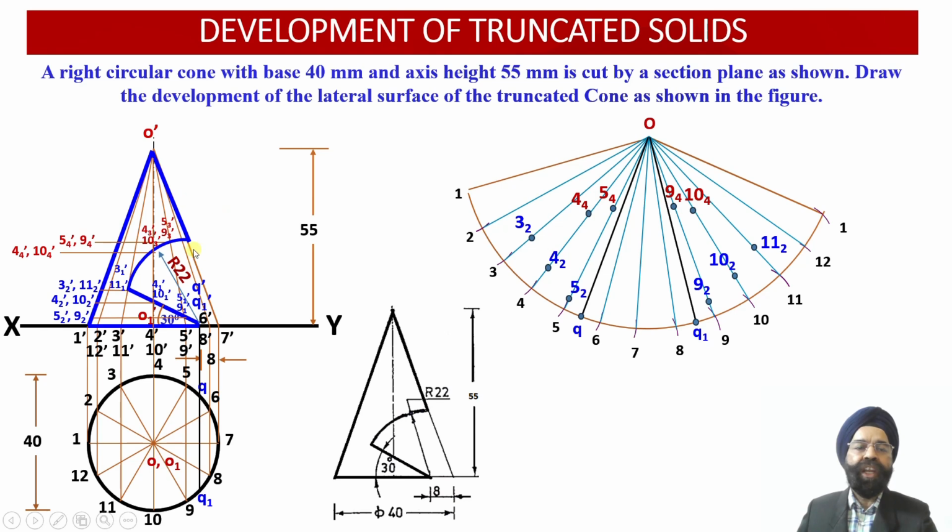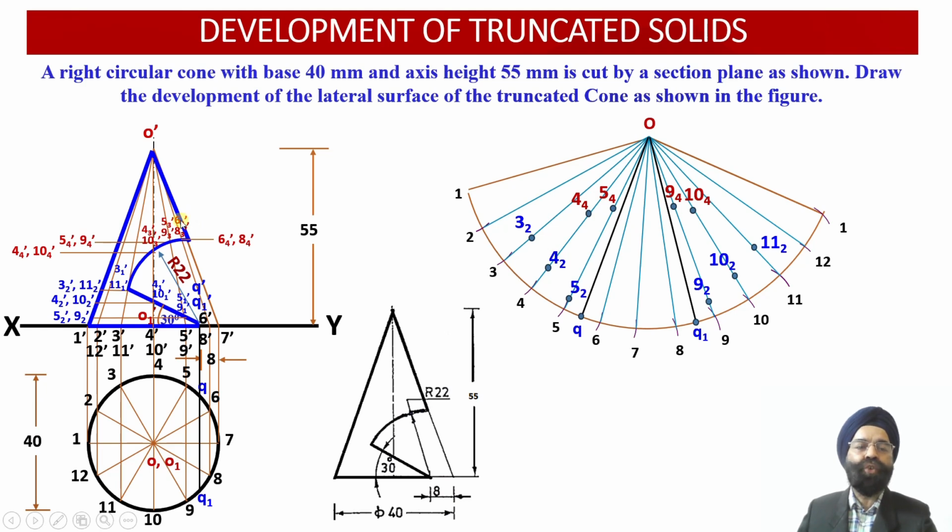Now the next 2 points of intersection of the circular cutting plane and the apparent length of the slant edges O-6 dash and O-8 dash over here. So they will be 6-3 dash and 8-3 dash. Now we can check.